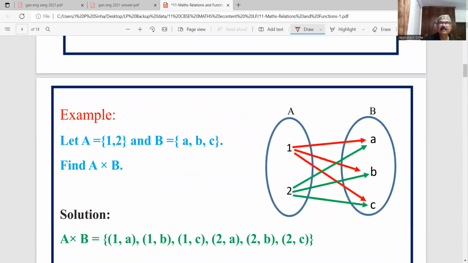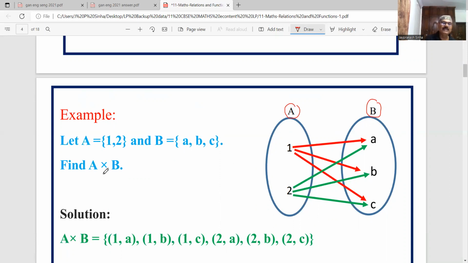See, there is a set A and set B. The elements of set A are 1 and 2, means set A is having two elements 1 and 2. Set B is having three elements a, b, c.